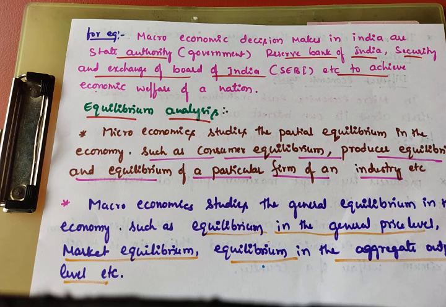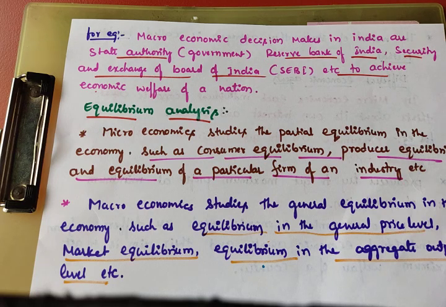Macroeconomics thinks about the welfare of the people and the development of the country. So the macroeconomic decision makers are the state authority, that is the government, the Reserve Bank of India, RBI, and the Securities and Exchange Board of India, SEBI.